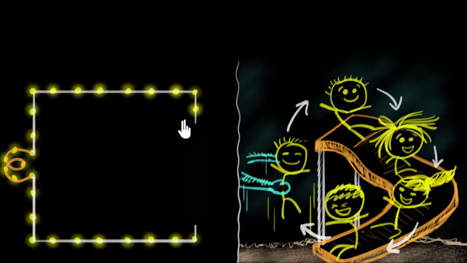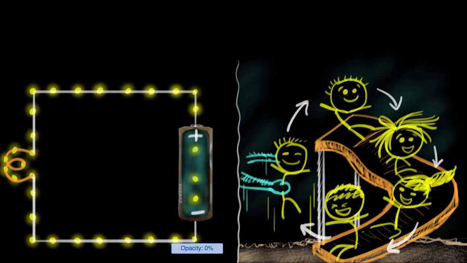We have already seen that these wires are all metals, and metals have loads of electrons, which are negatively charged particles, free to move inside of them. The only problem is they are not moving, they are at rest. So to make them move, we need to push them. Just like how gravity pushes these kids, we need an electric force to push these electrons. And that electric push is what is given by a battery.